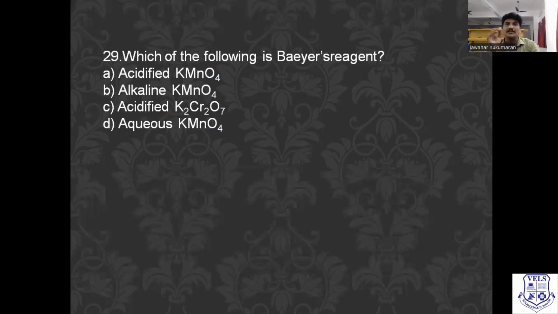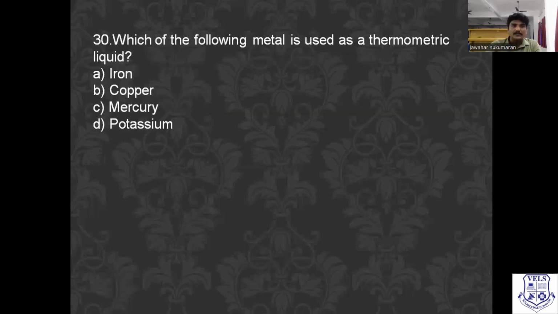Baeyer's reagent is an alkaline solution of cold potassium permanganate, which is a powerful oxidant used in redox reactions. Reaction with a double bond or triple bond, C=C or C≡C, in an organic material causes the color to fade from purple pink to brown. It is an addition reaction. Alkaline KMnO4 is the correct answer.